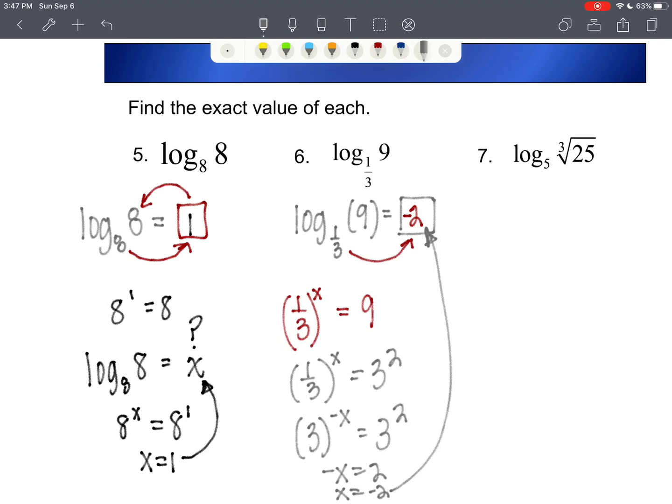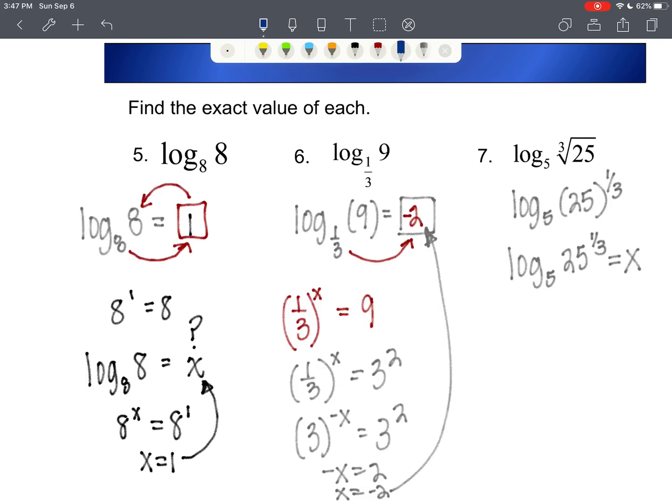We have log base 5 of the cubed root of 25. So log base 5 of the cubed root of 25 is log base 5 of 25 raised to the 1/3 power. And this is a problem where I'm going to put equals x, right?